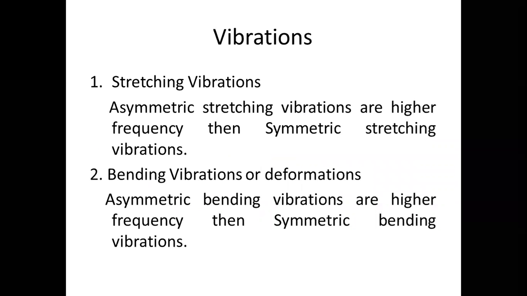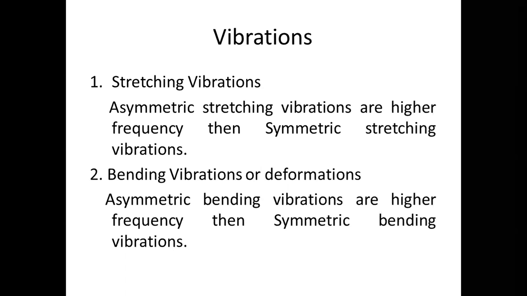A change in either bond length or bond angle is known as a vibration. A change in bond length is known as stretching vibration, and a change in bond angle is known as bending vibration or deformation. Sometimes they call it deformation, so both are the same.